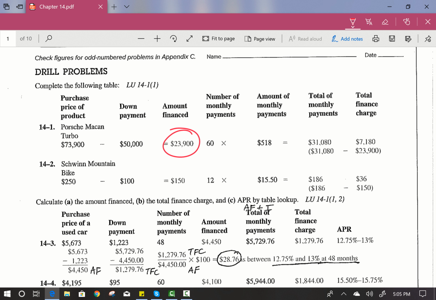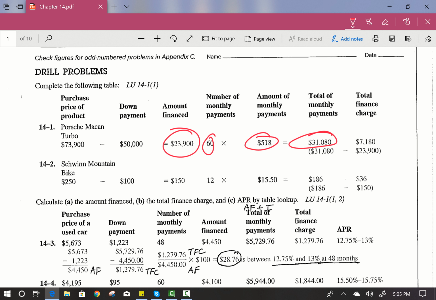Of $23,900. Now, the total of all of our monthly payments, we'll learn how to calculate the monthly payment later, but first of all, they've already calculated it for us. Right now it's $518, and we had 60 payments, so we'll multiply those two together to give us $31,080, which is the total of all of our monthly payments.